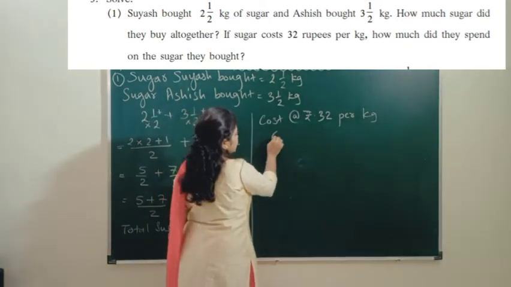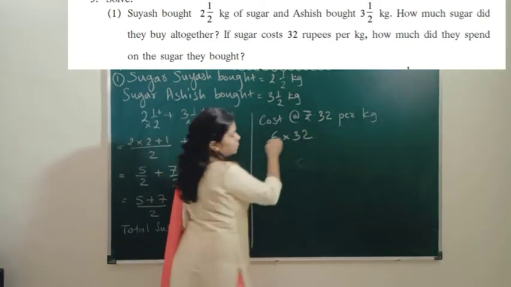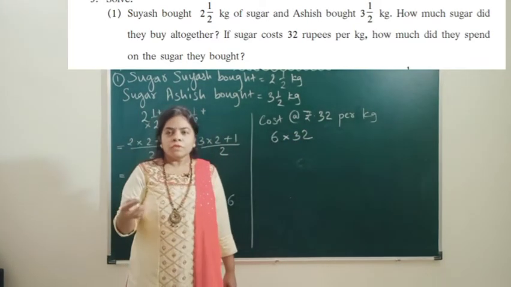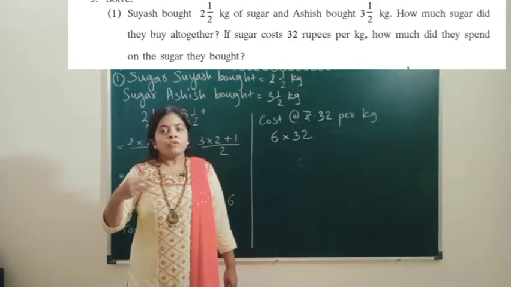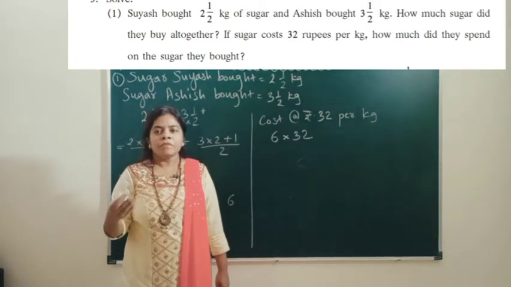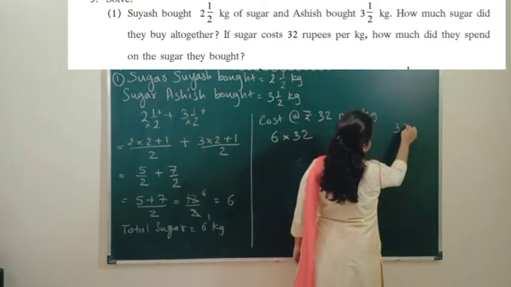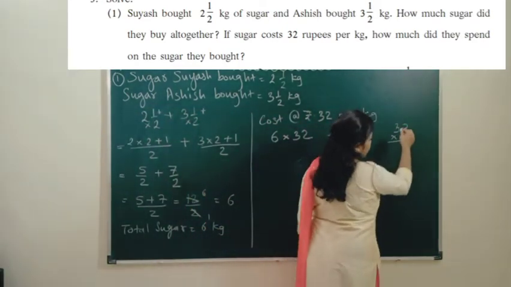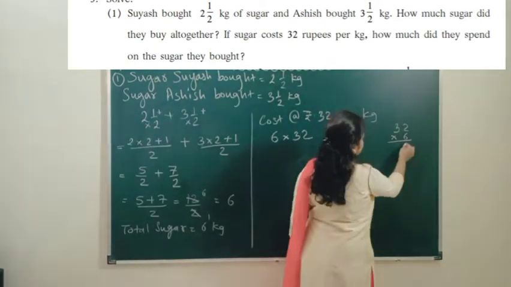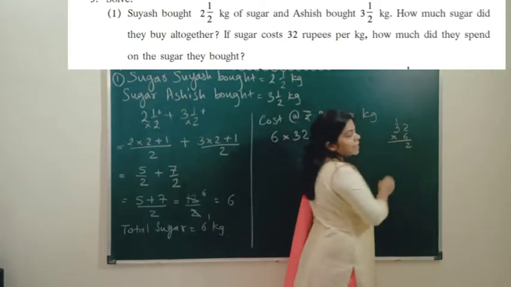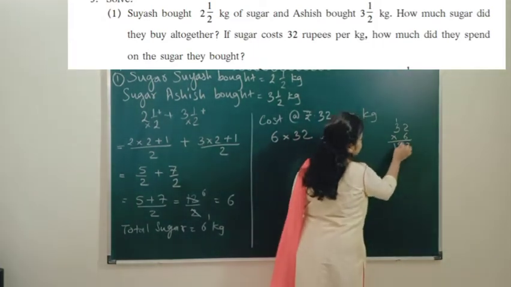So 6 into 32, because for 1 kg it is 32 rupees. So for 6 kg how much? We will multiply 6 and 32. 6 2s are 12, 6 3s are 18 plus 1, 19.